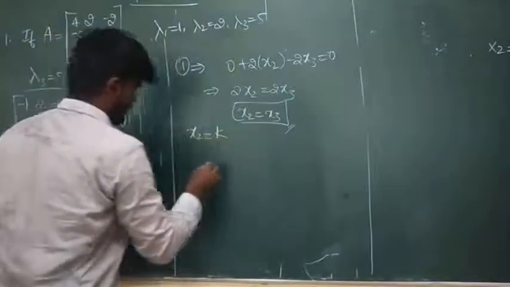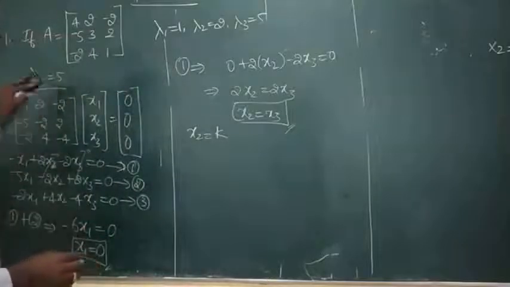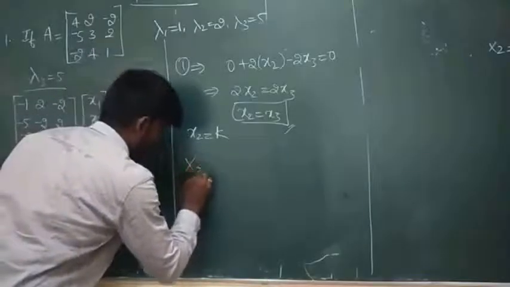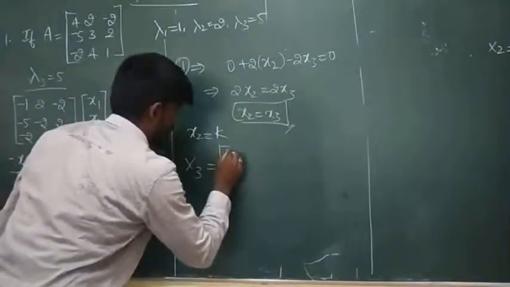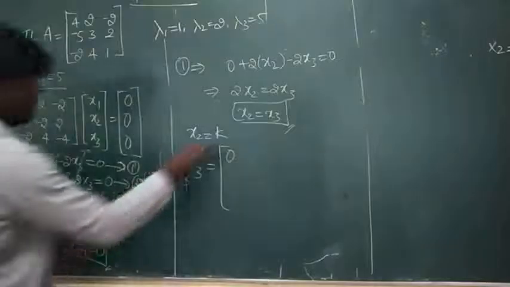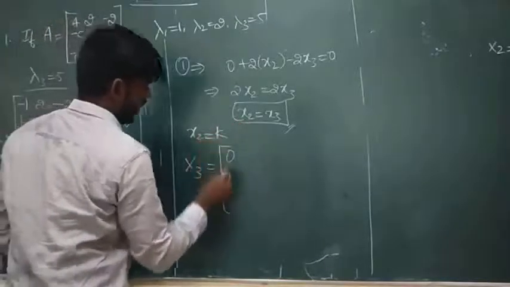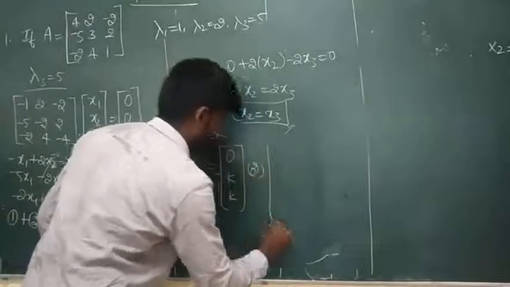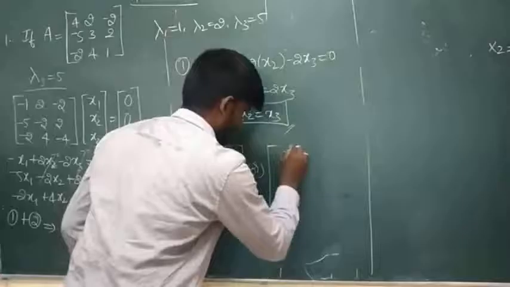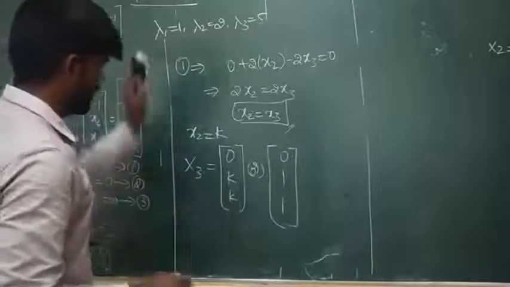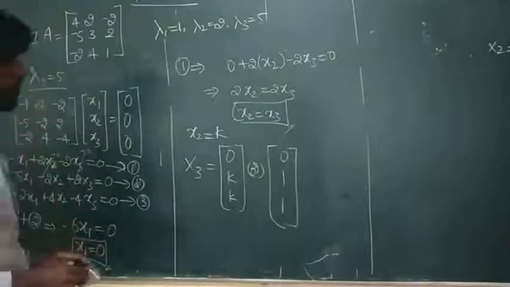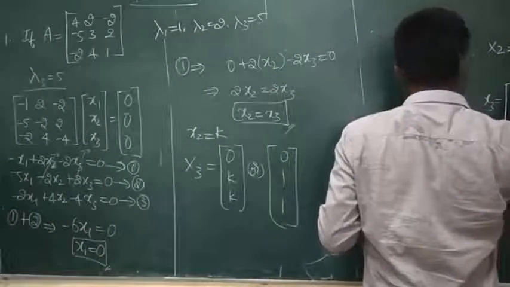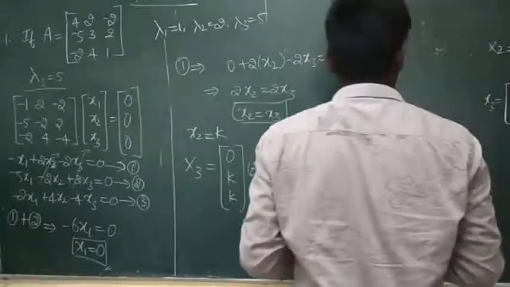Then the eigenvector corresponding to the eigenvalue lambda 3 equal to 5 has x1 value 0, and x2 and x3 are nothing but k, or 0, 1, 1. This is the third eigenvector.